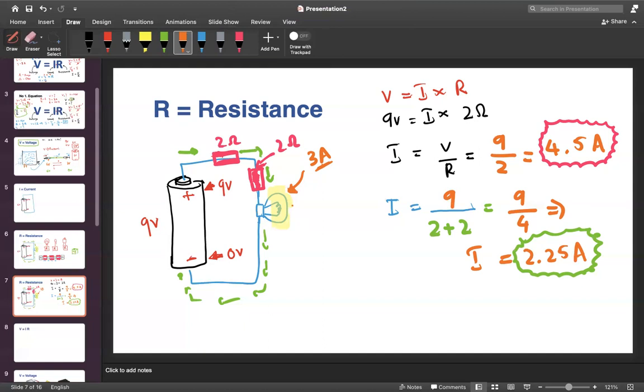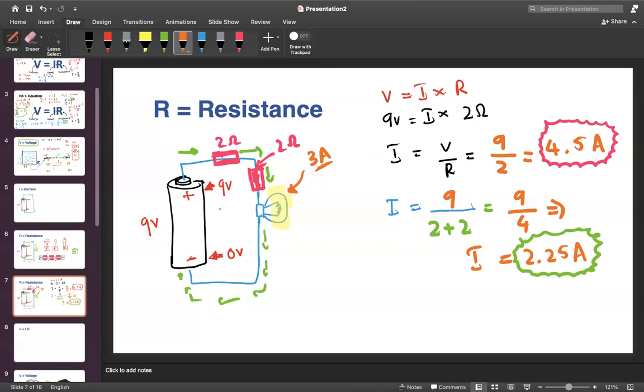So the light is protected and the light of the light is also maximum. So then what should be the resistance that we need to put? Do you understand that? The light glows best once it receives 3 amps, and if we give exactly 3 amps, the light won't burn either.